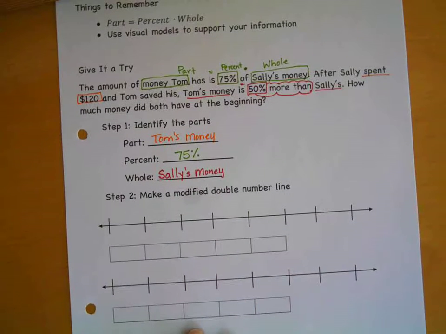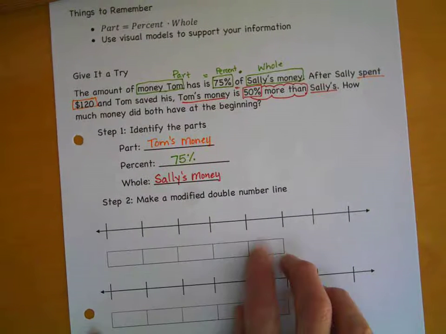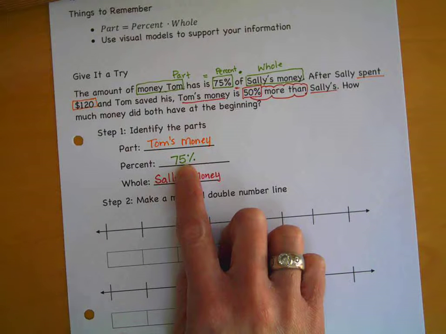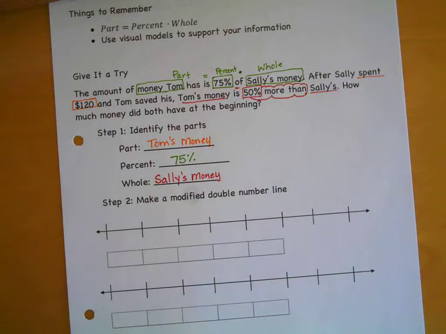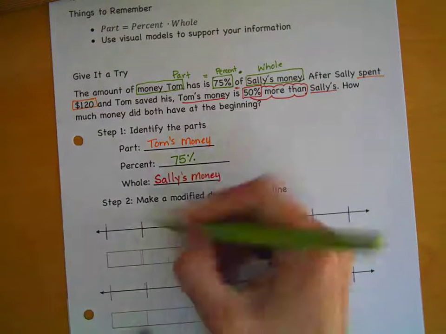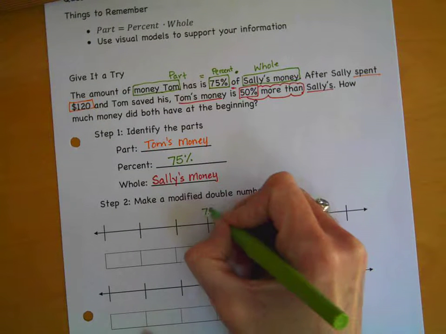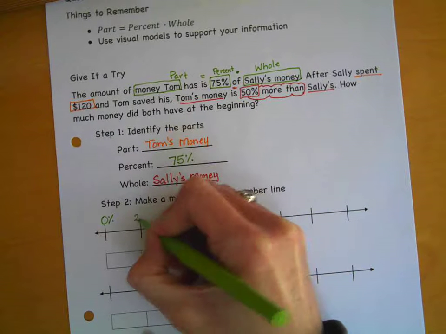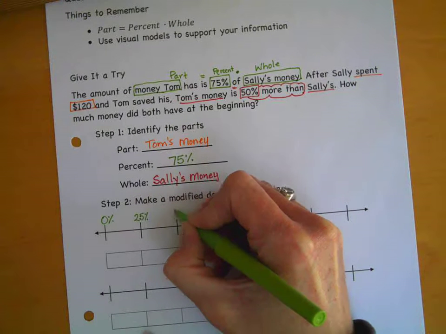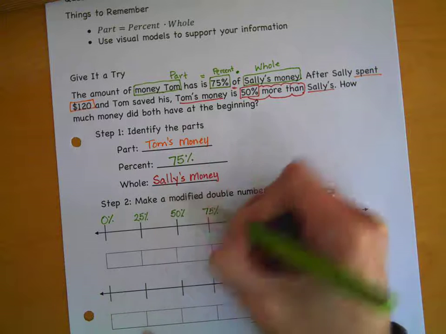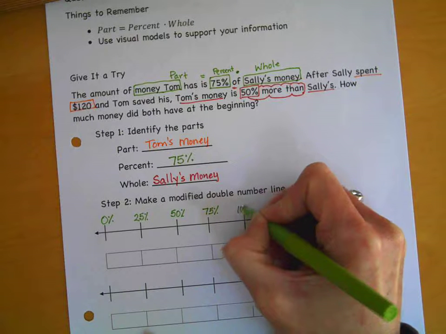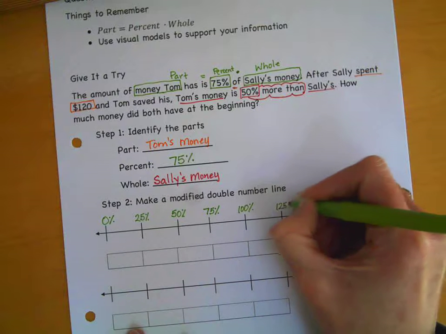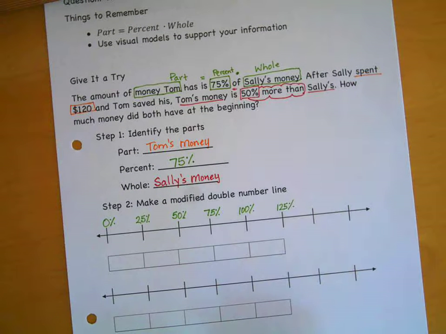But for the very first one, I'm not going to worry about this box because it says that Tom's money is 75%. So I know that right here is 75%. If right here is 0, this is 25, right? This is 50, that's 75, and this is 100, right? So then this one over here would be 125, okay?